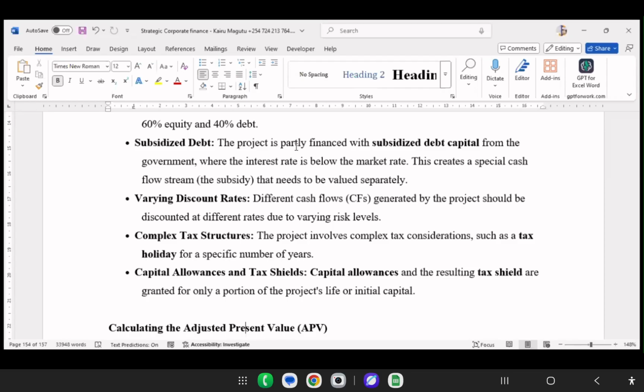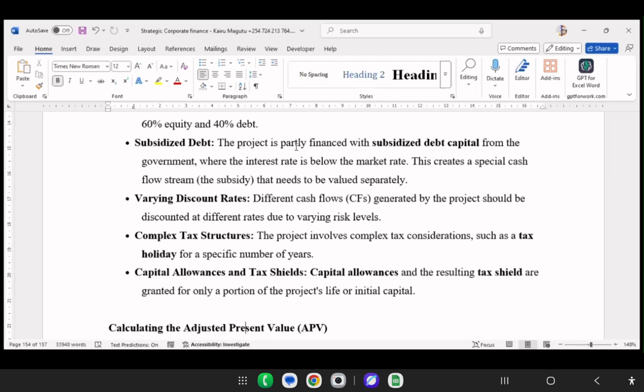Number three, in case of varying discount rate, different cash flows generated by the project should be discounted at different rates due to varying risk level. For example, you may undertake a project where the first 5 years of the project life are not risky.